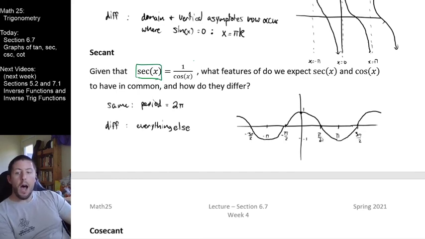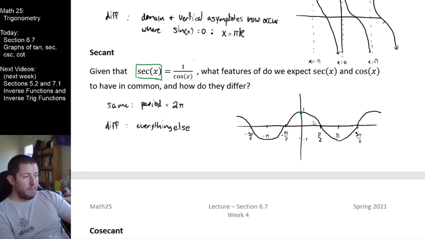Here's what I know. I know that secant is just 1 divided by whatever we got out from cosine. Well, cosine of 0 is 1. So secant should be 1 divided by 1, which is 1. So at that point, they're actually going to have exactly the same value. But now notice some other things.